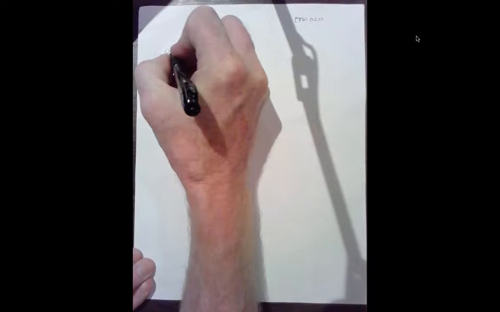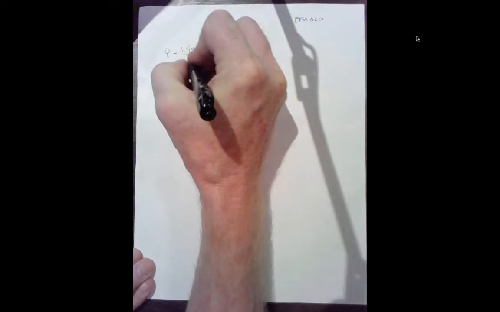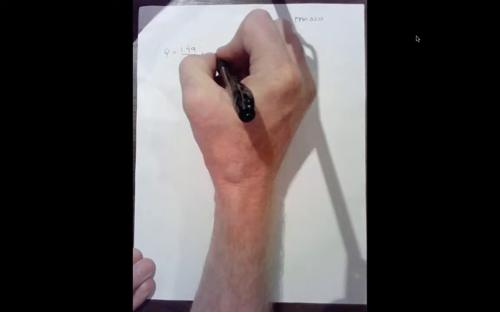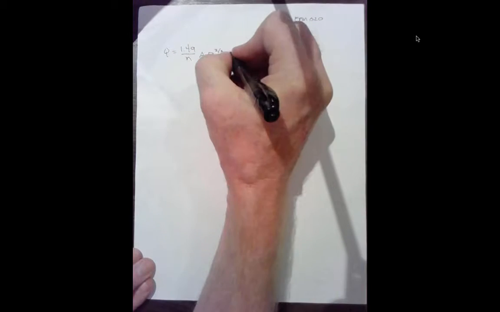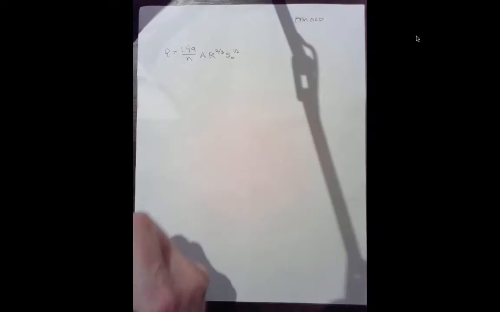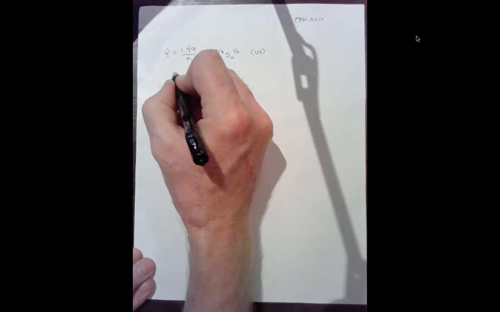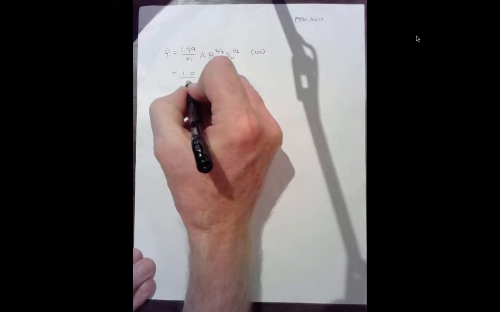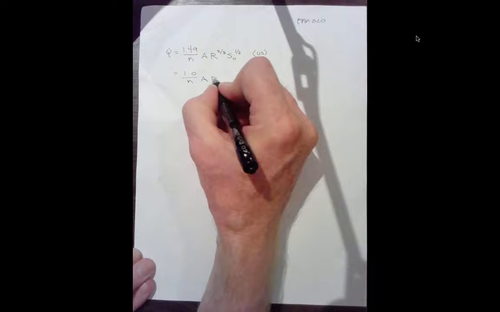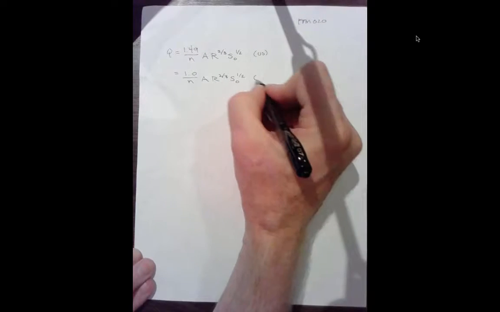Manning's equation for calculating flow, which in US customary units is 1.49 over n, A, R to the 2/3 power, S to the 1/2 power, and in uniform flow we use bottom slope. That's US, and in SI it's 1 over n, A, R to the 2/3 power, S to the 1/2 power.